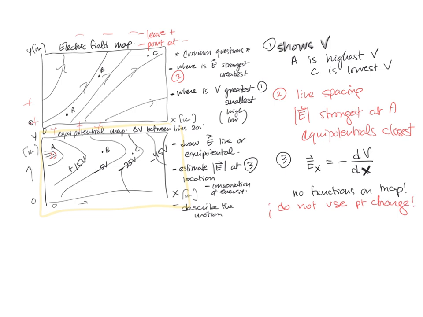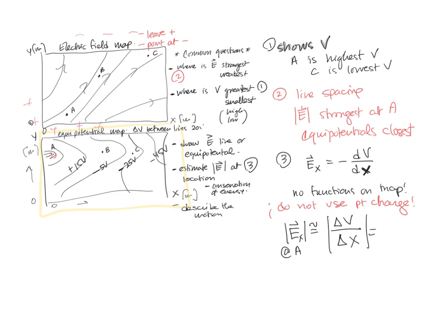What you should be doing is saying, okay, we're going to make an approximation. So the approximate field strength value at A is going to be approximately equal to the change in potential across that area. And if we're just talking about strength, we don't even care about signs, divided by the change in position.